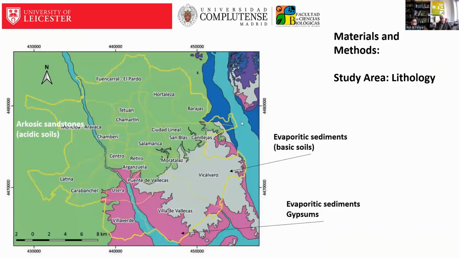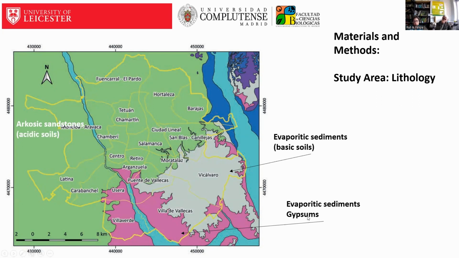So what can we find in Madrid? Madrid is very interesting because it has a different background concerning the ecology and the soils. As you can see, the north of the city has acidic soils, while in the southeast the soil has an evaporitic origin, so they are basic soils.